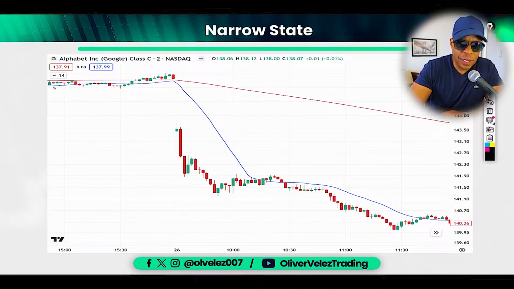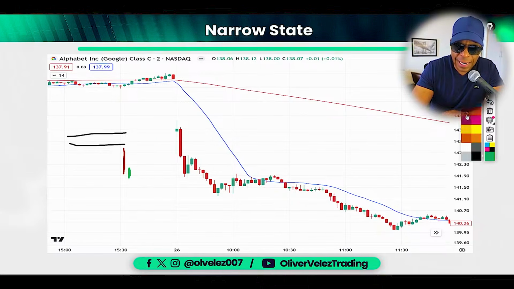Narrow state, guys. Now, we don't open up here, we open down there. We need either a power red bar below. Remember guys, when you're below the narrow state, you want to see power red or color change, right? Green, then red takes out green.